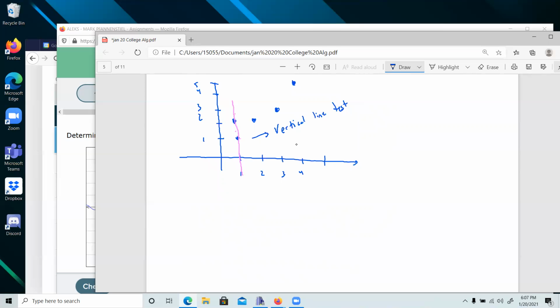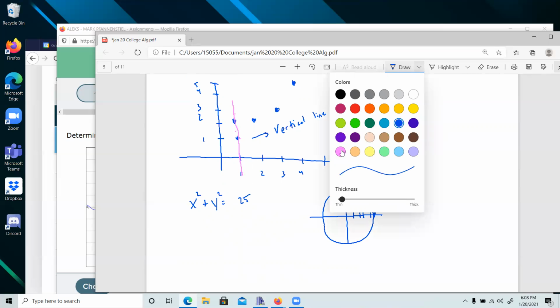Okay, so we learned circles, right? Centered at the origin, radius 5. Pretend that's round. And it fails the vertical line test.